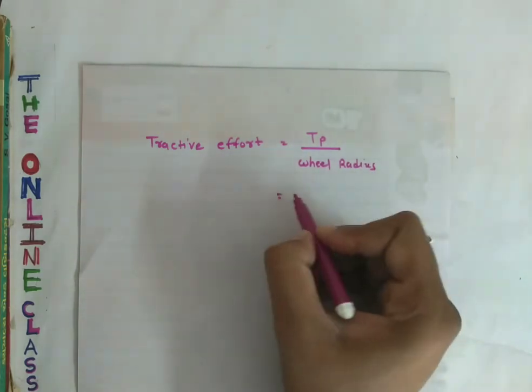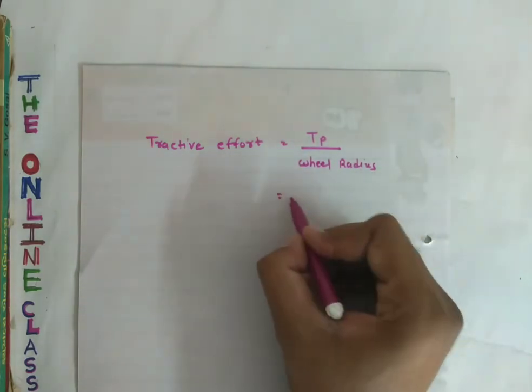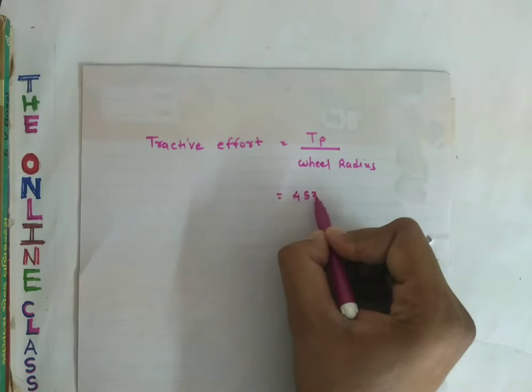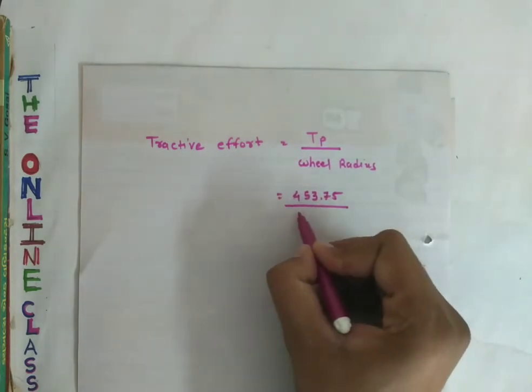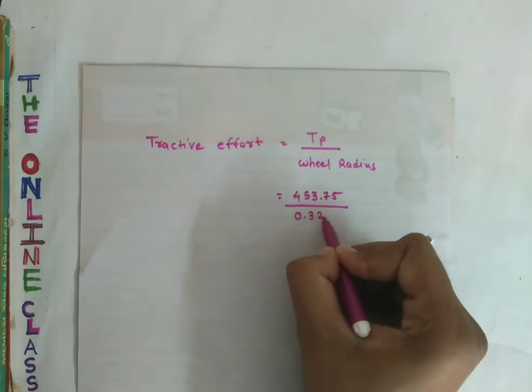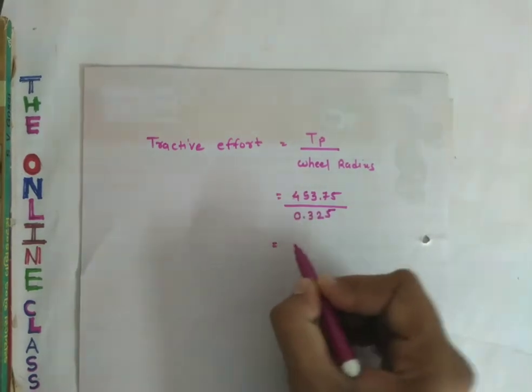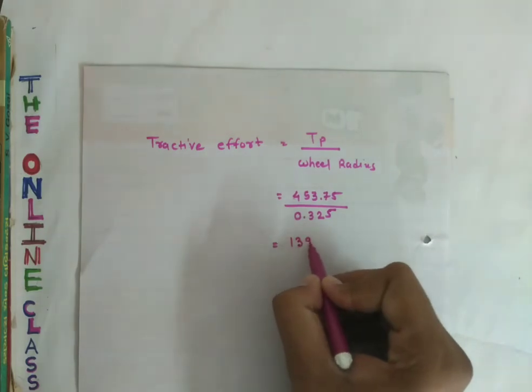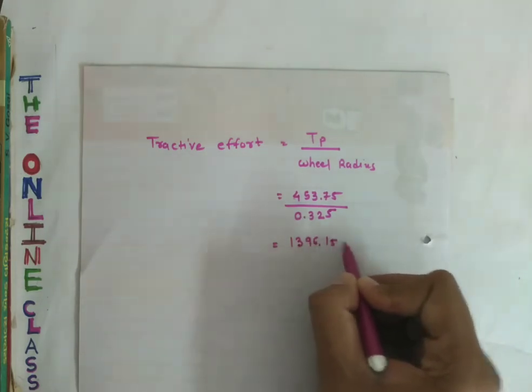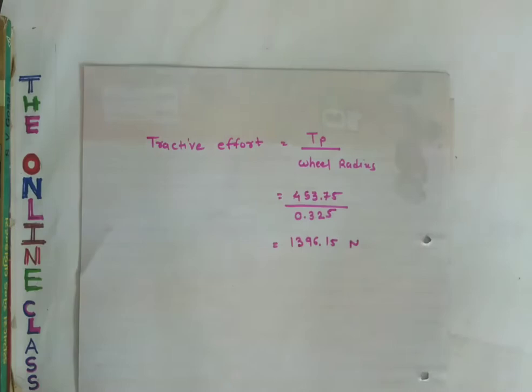Okay, so what we have? Tp is 453.75 divided by wheel radius 0.325. Then we have tractive effort 1396.15 Newton. So we have tractive effort 1396.15.